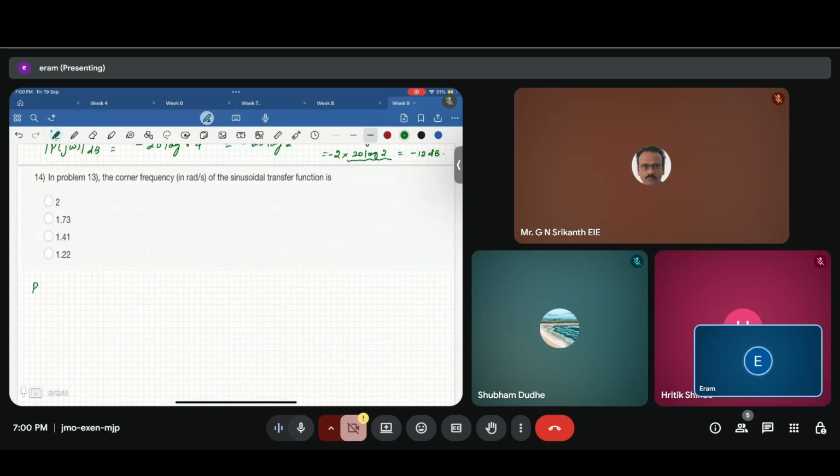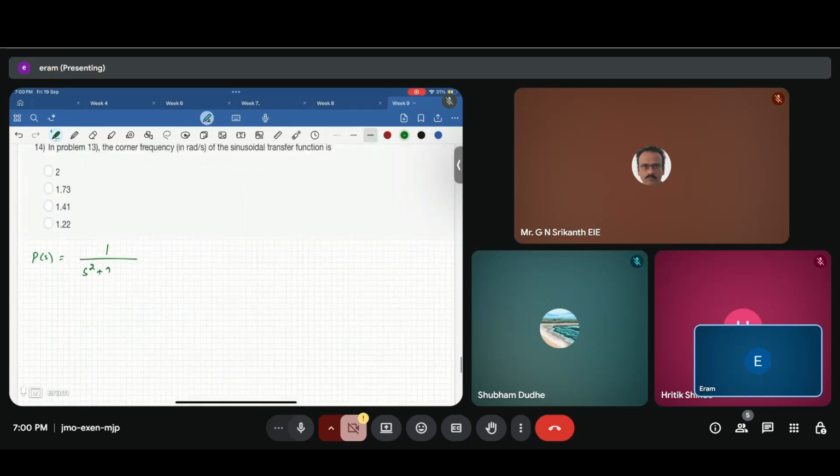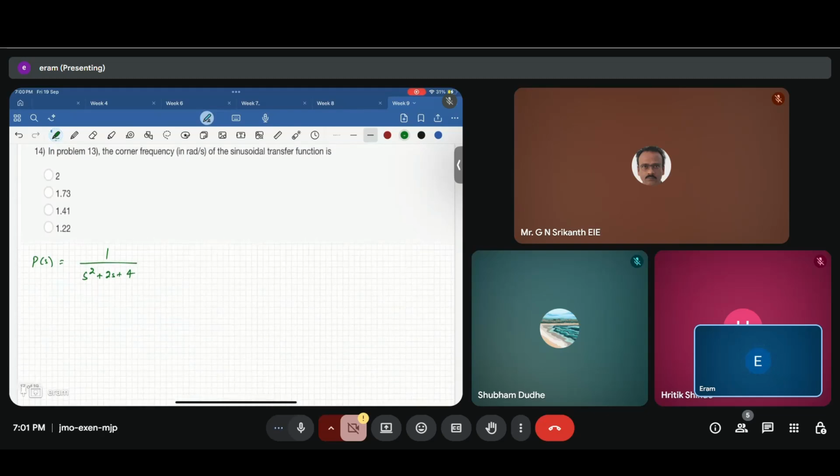So your P of S was 1 by S square plus 2S plus 4. Okay. What will be the corner frequency? Now what is the standard representation of a second order system?